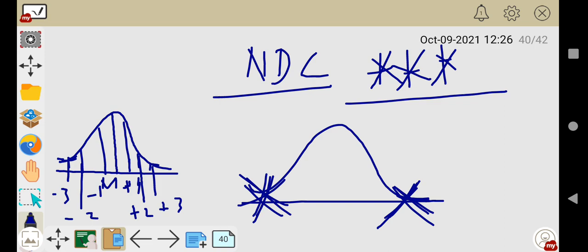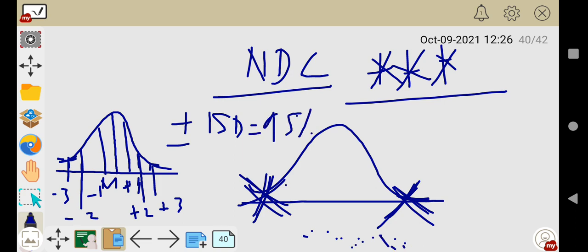Okay? So for ±1 standard deviation, it comes to almost 95%, although there are many values and reciprocals, but we can take it as 95%. For ±2 standard deviation, 68. Okay, no, it's not like that.